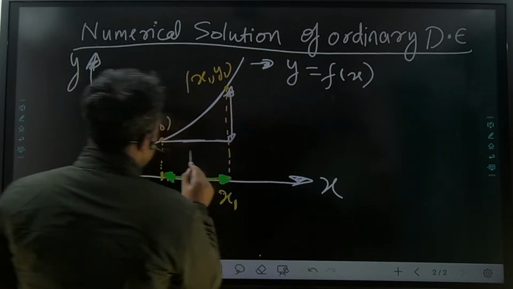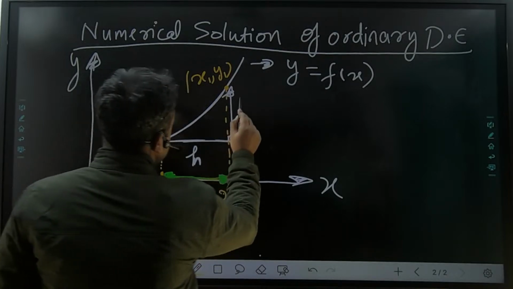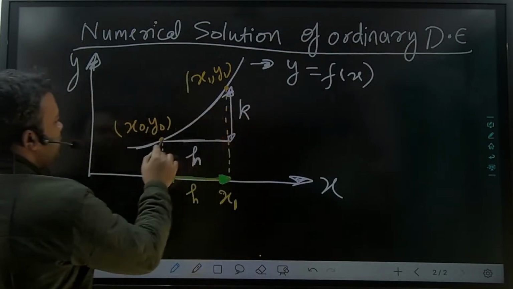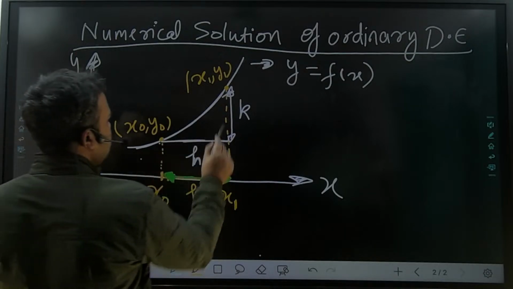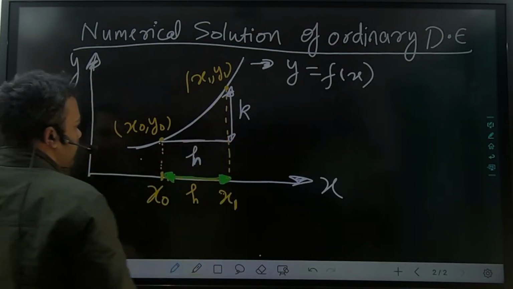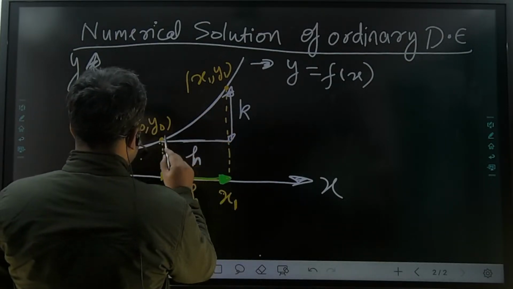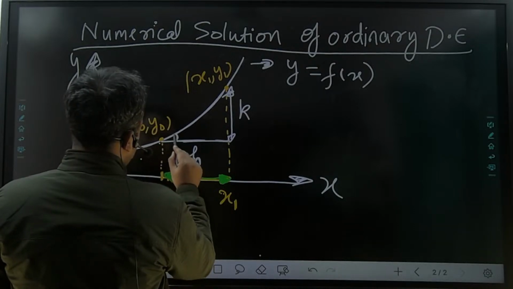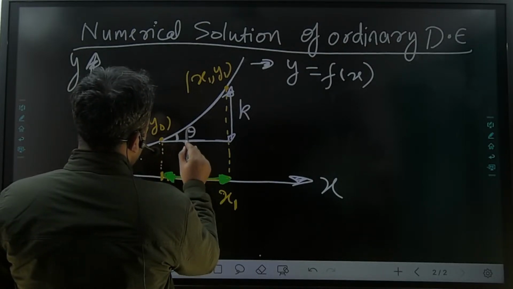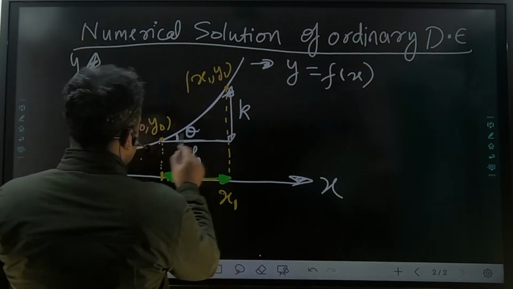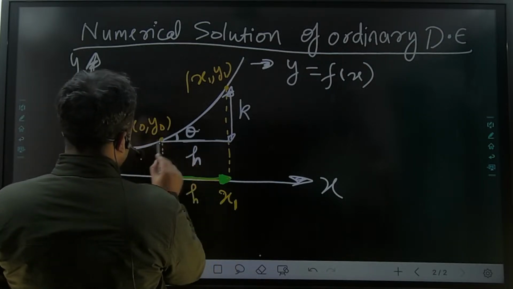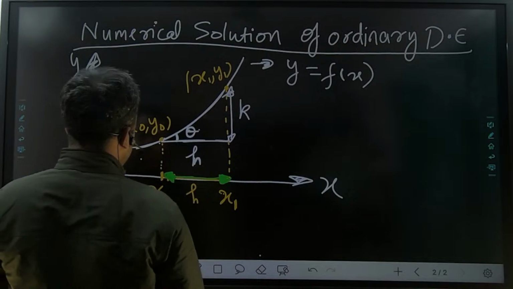So this is h and this is, let's say, k. So k is a vertical displacement from y naught. So y naught plus k is equal to y1, right? So at this point the slope will be calculated by taking tan of this angle. So this theta is the inclination of this curve at this point with horizontal.